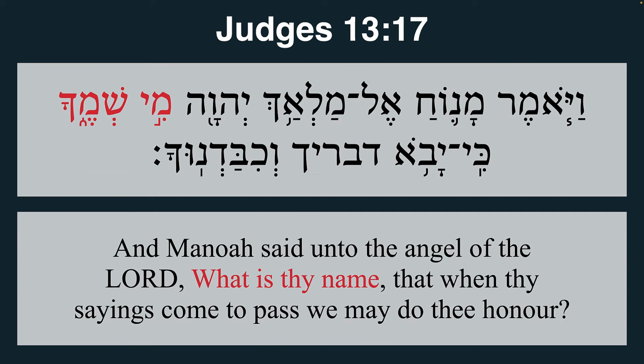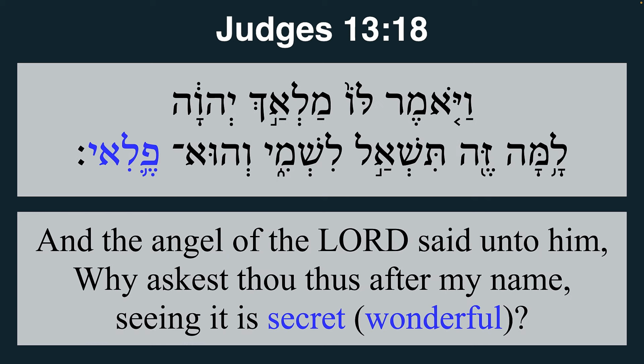Let's see another example of the name being not disclosed. In Judges, we read Manoah, the father of Samson, asking the name of the angel. And Manoah said unto the angel, Vayomer Manoah el Malach Adonai mi shemecha. The Malach Adonai is the angel of the Lord. He asked him, what is your name? And he did not give it. And what did he say?